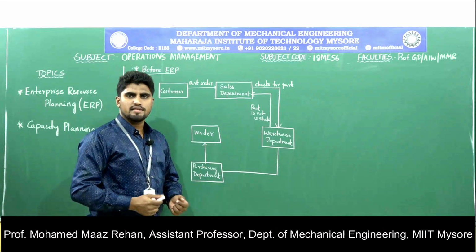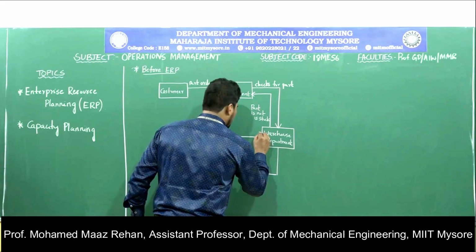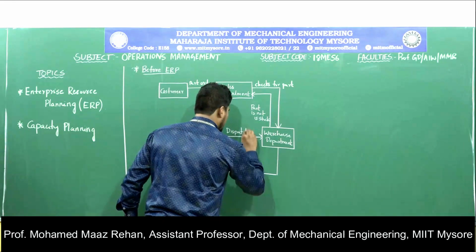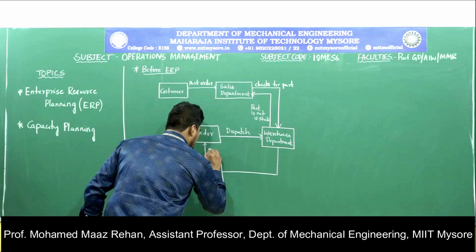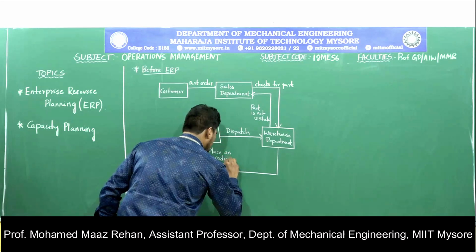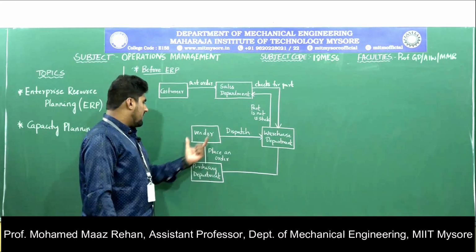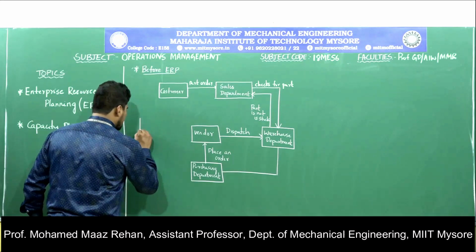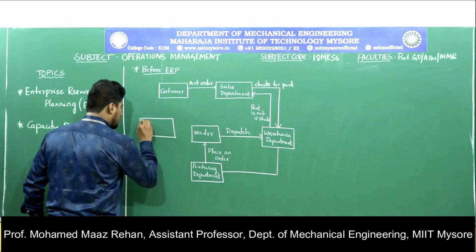The vendor will manufacture the particular product. After manufacturing, he is going to dispatch it to the warehouse, correct? So the purchasing department will place an order. From the purchasing department, we also have the accounting department.